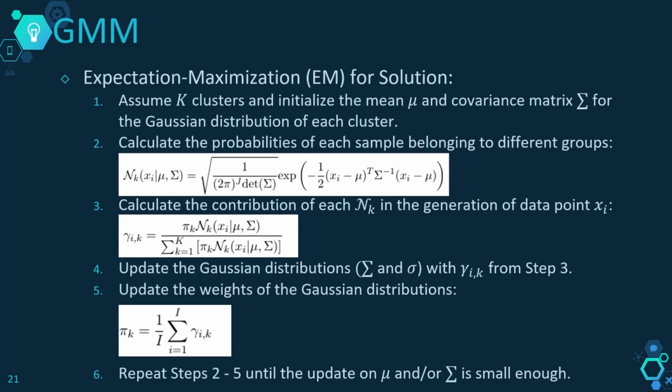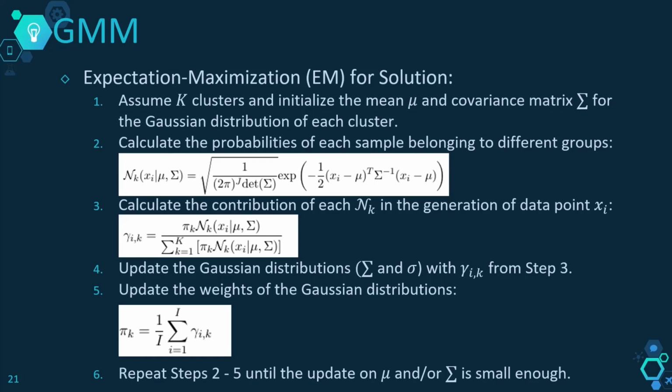For any point, you need to calculate the probability of this point belonging to cluster 1, cluster 2, and cluster 3, because there are going to be 3 probability distributions for the 3 clusters. To do that, we just use the 3 Gaussian distributions that we assumed in step 1. In each of them, for any point, we can get a probability. Here we use N to represent the probability. Here x_i means the data point i. We can get the probability of it.